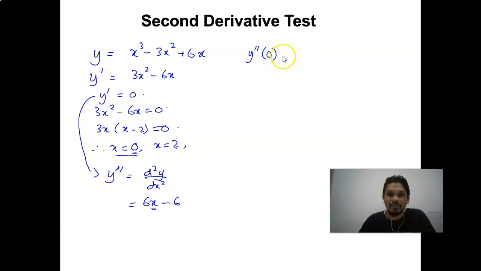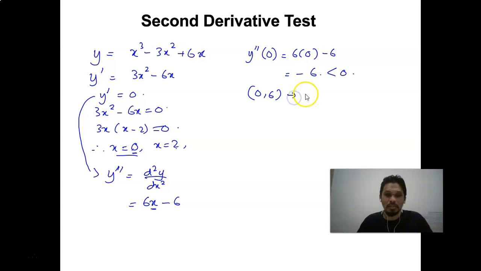So y double prime at 0 is 6 times 0 minus 6, which gives negative. When you come up with a negative value, which is less than 0, then the point at x equals 0 is a relative maximum point.